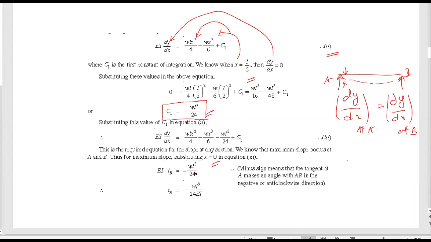Substituting x equal to 0, these terms become 0, and what remains is the C1 value, minus w L cube by 24. Therefore, the slope at B is w L cube by 24 EI.